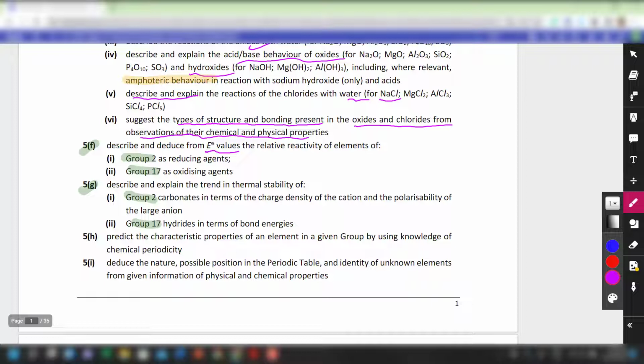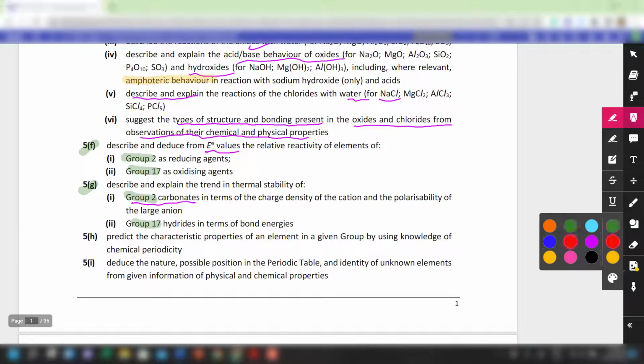And then for thermal stability, you are supposed to talk about group 2 carbonates. Okay, and this is a hot favorite recall kind of question. Supposed to talk about the stability of carbonate in terms of the charge density of the cations. How does it affect and what does it do, and how does it polarize the anion?